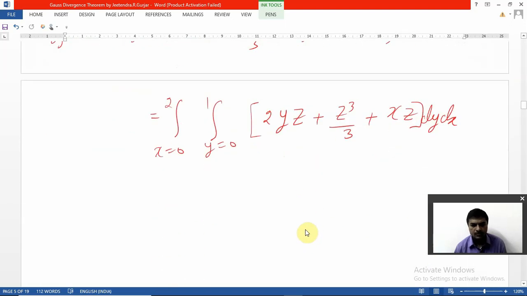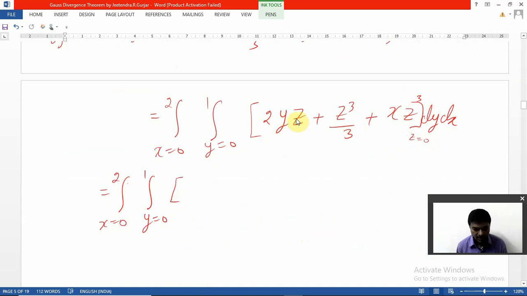Now we'll simplify this, friends. Upper limit and lower limit, don't forget, 0 to 3. Just substitute wherever z is there, 3 I am going to put. So this will become integral x from 0 to 2, integral y from 0 to 1.